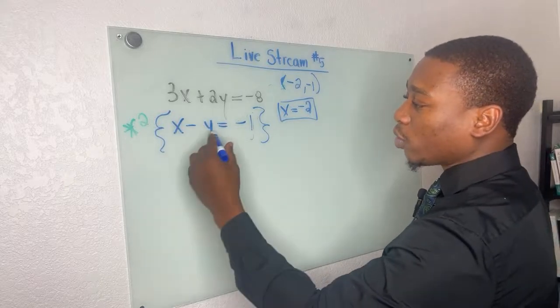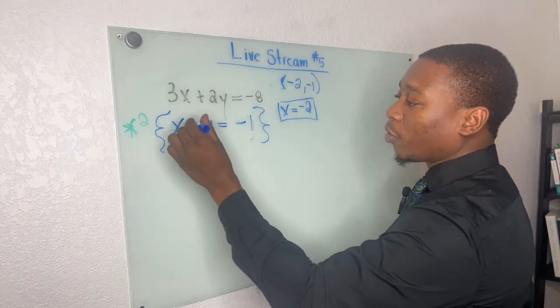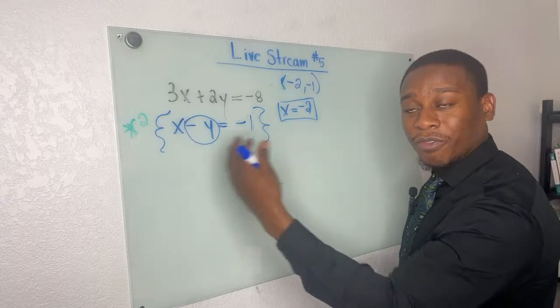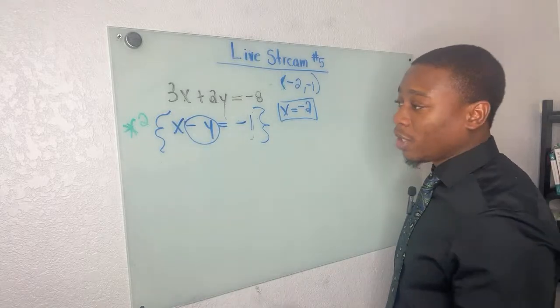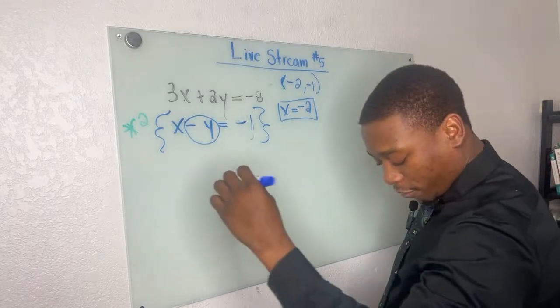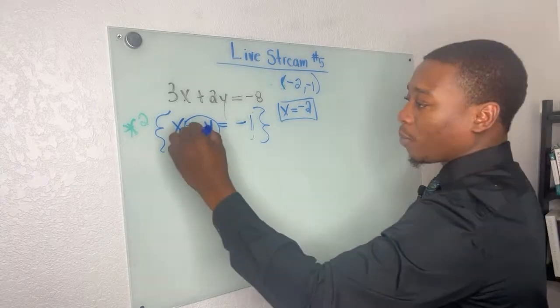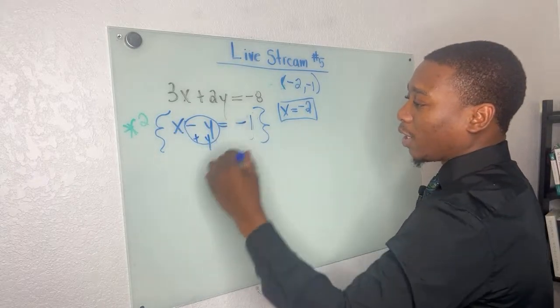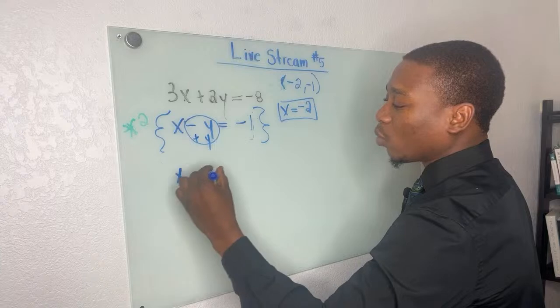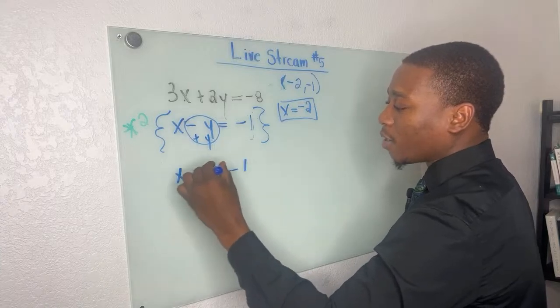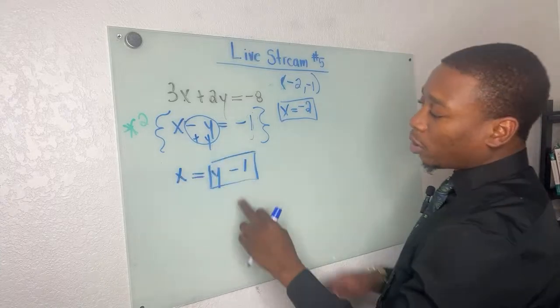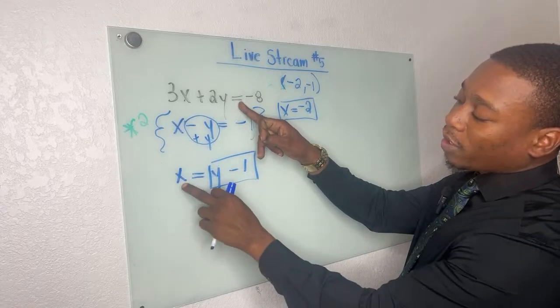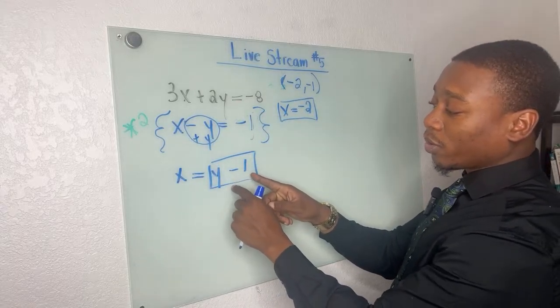So let's say I wanted to do substitution. I'm going to focus on this second equation because the variables are both by themselves. So I'm just going to add y to both sides. So x is equal to y minus 1. So when I look at this first equation, anywhere I see x, I'm going to substitute it with this.